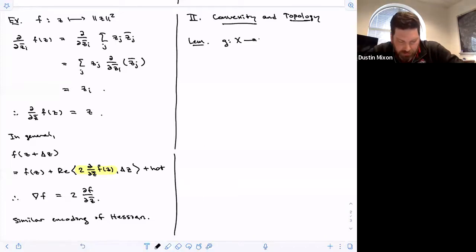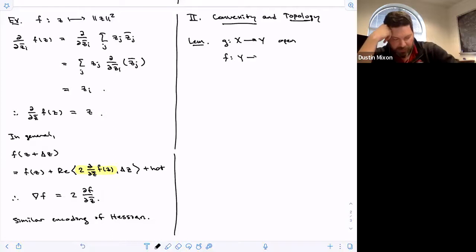So suppose I have a function that's open. What that means is X and Y are topological spaces. Okay, there's a topology underneath. And when I take the image of any open set in X, it ends up being an open set in Y. I want F to be a convex function, so Y is going to be a convex set.